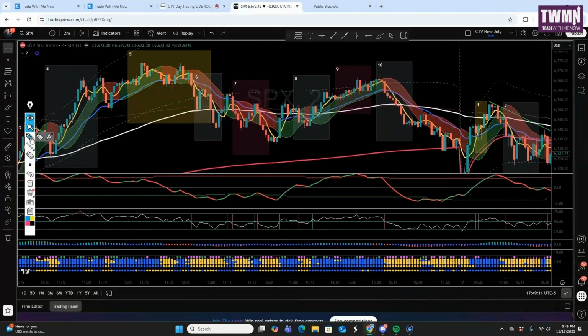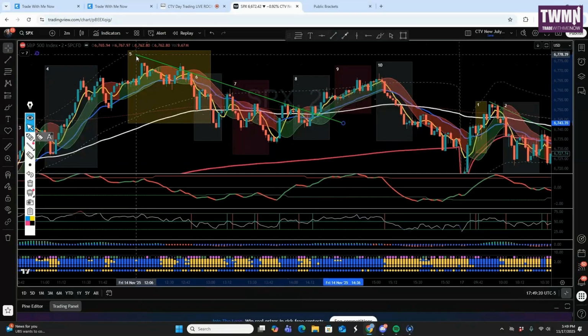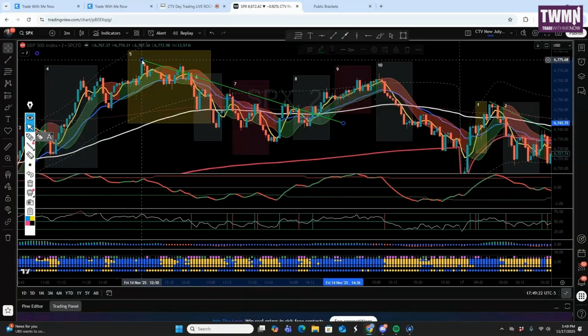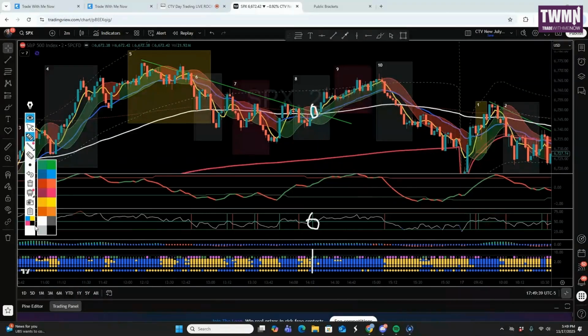Well, if I'm trading this, one thing I'm doing is looking at my counter trend line. It's kind of like right in there. So I'm looking for a break of that counter trend line, which happens right there, right there, right there. So there's where I'm in. And for me, I would just put my stop right under here.